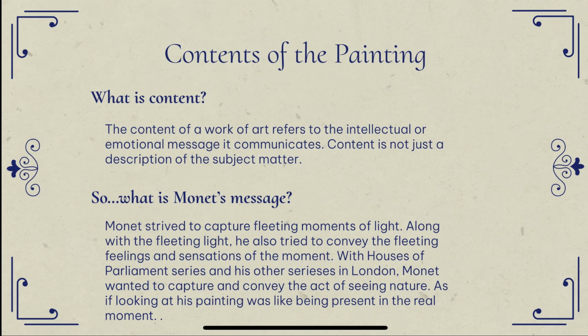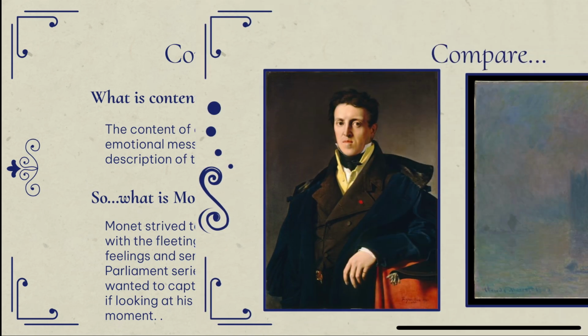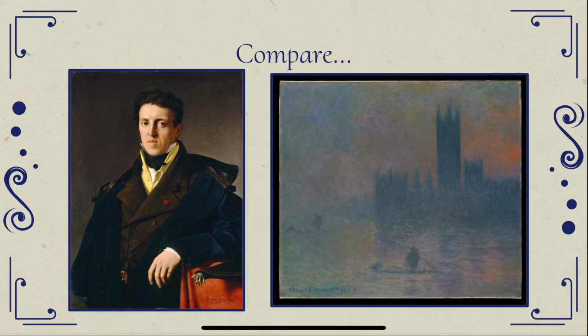In order to see how content can differ through different styles, let's look at these two paintings. So the first one of the man is a neoclassical style painting, and as you can see, its attention to detail and form and contour is greater than Monet's painting.